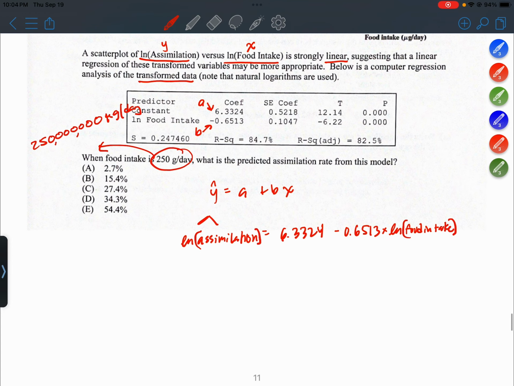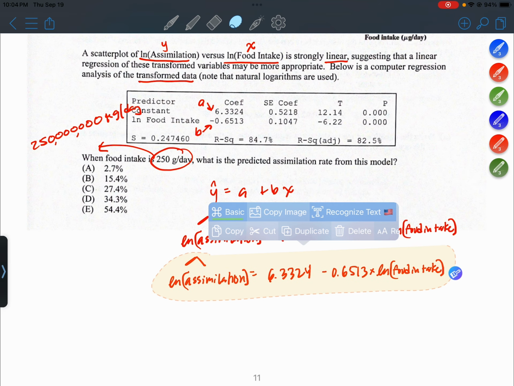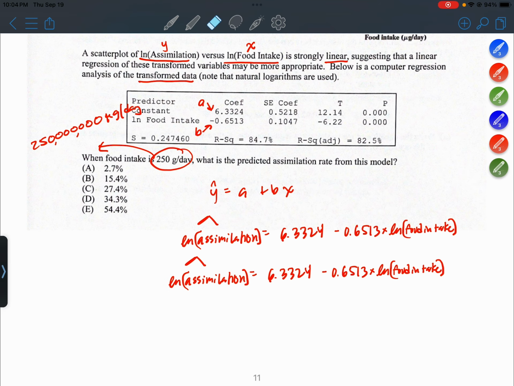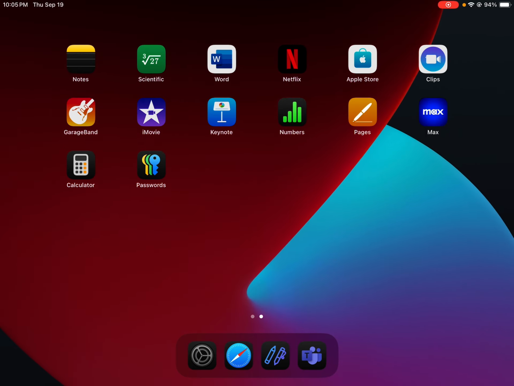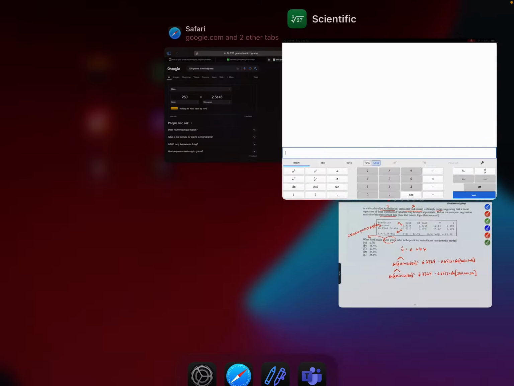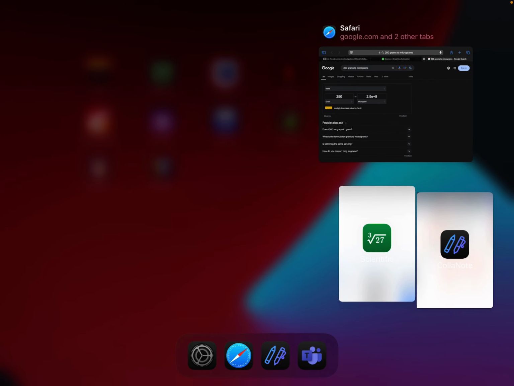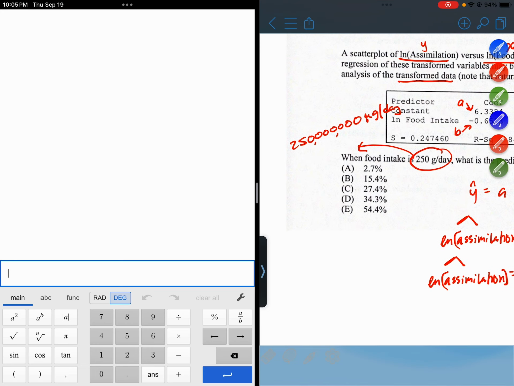So let's take our model, and now we will use that large number as the input. So 250 million. All right, let's open up Desmos and figure this one out.